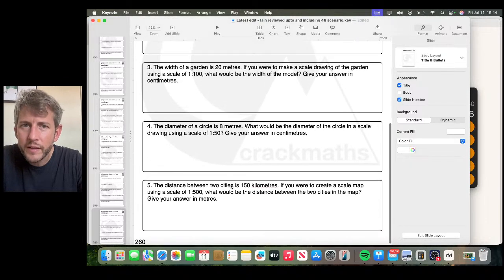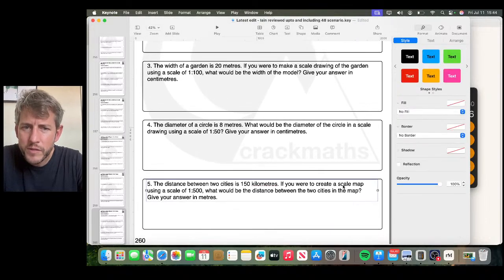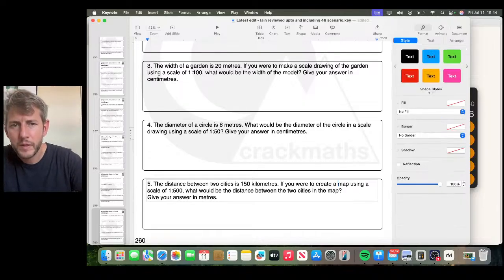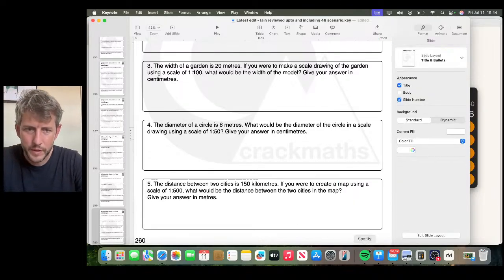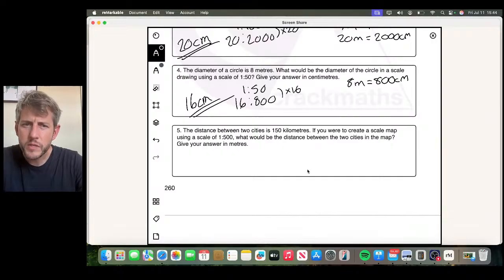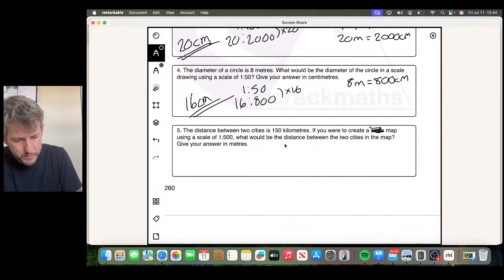If you were to create a map using a scale of 1 to 500, what would be the distance between the 2 cities in the map? Give your answer in metres.